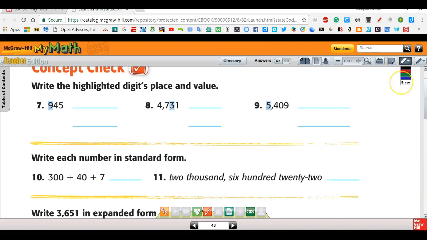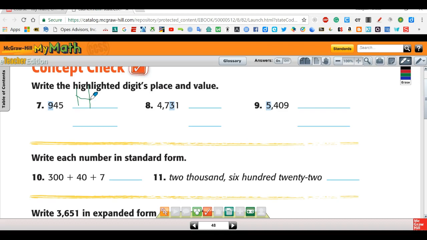Okay. So just for our review purposes, what place am I in? 100. Just know that as in the 100.